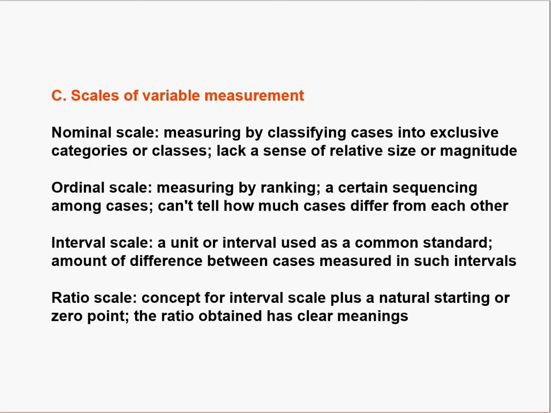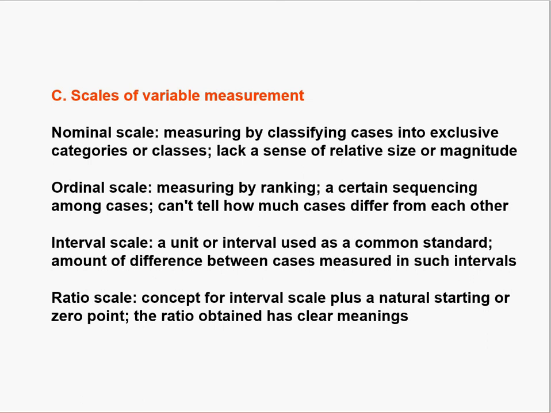In this case, zero means the absence of the attribute of this variable. The variable is income. If your income is zero, that means you have a true absence of this attribute, income. If that's the case, this variable has a ratio scale of measurement.